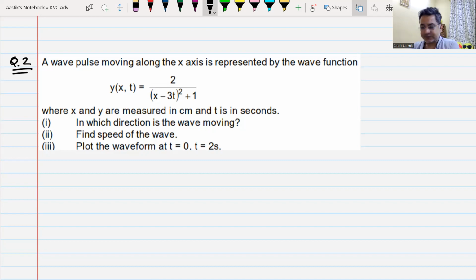Either it is positive x or negative x. Positive, sir. Why is it positive? Because there is a negative coming in between. So this wave has to move in the direction of the positive x-axis. Do we understand this?